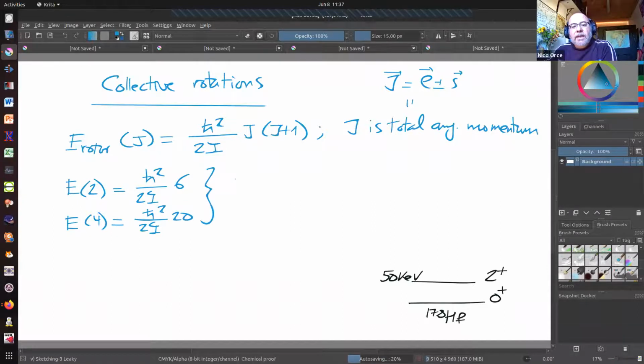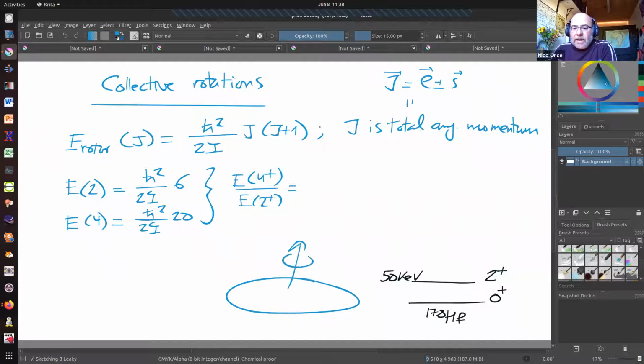So then obviously this is going to give us an E4 plus to E2 plus ratio. We're going to assume that these factors are going to cancel if they have the same moment of inertia. We are assuming here that we have a nucleus rotating as a whole, and then we have these excitations that we're going to investigate, how the nucleus excites when it is rotating, right? So this will be 20 divided by 6, which is equal to 3.333, right?